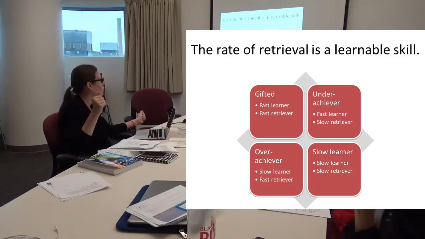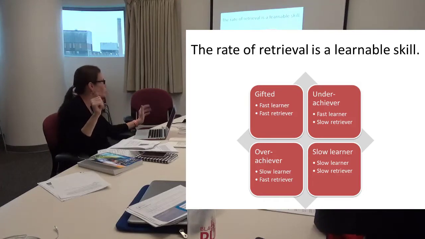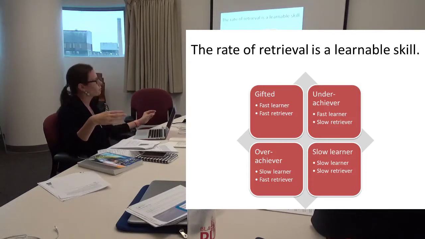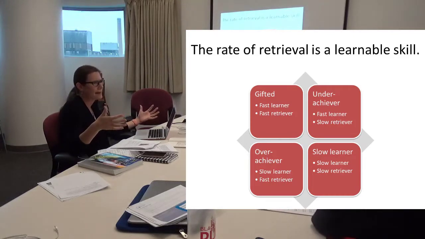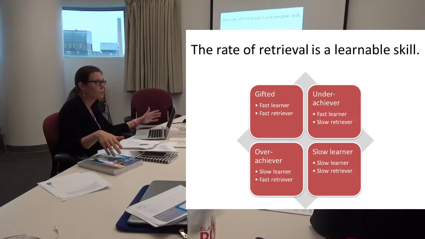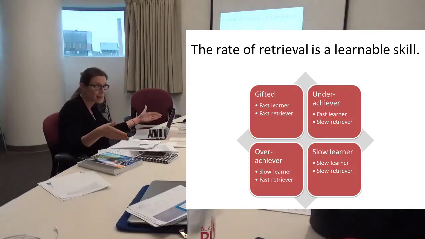They're trying for something that they cannot do. And then the slow learner, slow retriever, they're often referred to as slow learners, and there are a lot of names that they get called, and they're labeled as not able to learn, which is not correct. They're just not able to learn it in the time that we've allotted them.